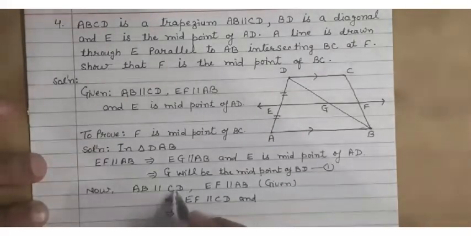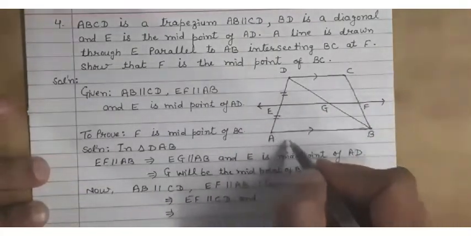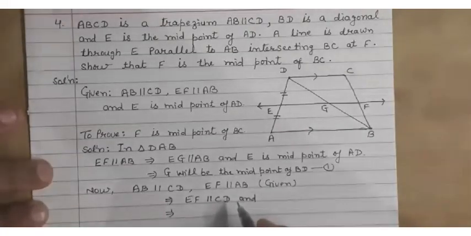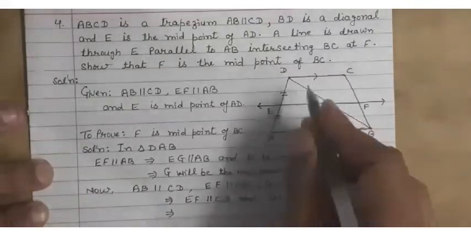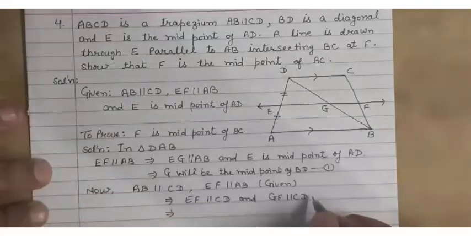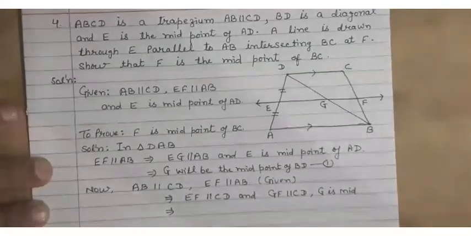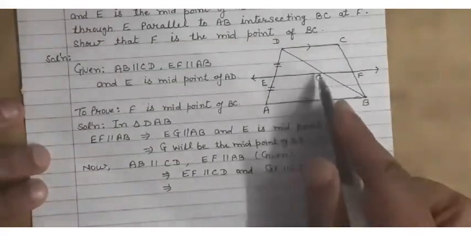Now AB is parallel to CD, and EF is parallel to AB. So what can we say by this? EF will be parallel to CD. If EF is parallel to CD, then GF will also be parallel to CD. And G is the midpoint of BD.